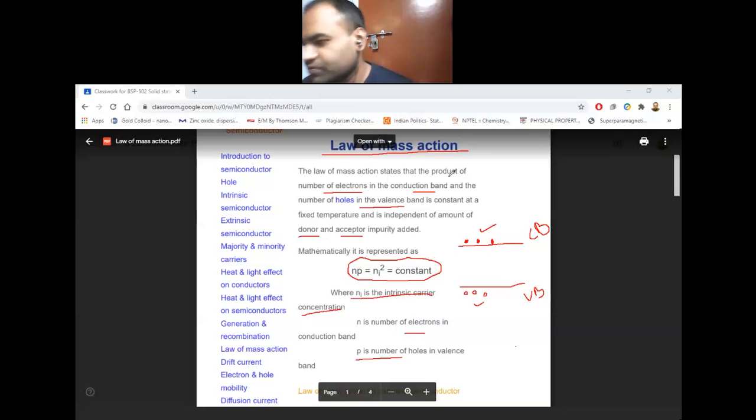Sometimes you dope your semiconductor with other elements like boron, aluminium, gallium, nitrogen, phosphorus, etc. Even if you add those impurities to your semiconductor, they do not affect this particular relation, the product of electrons and holes. This is the main statement of the law of mass action.